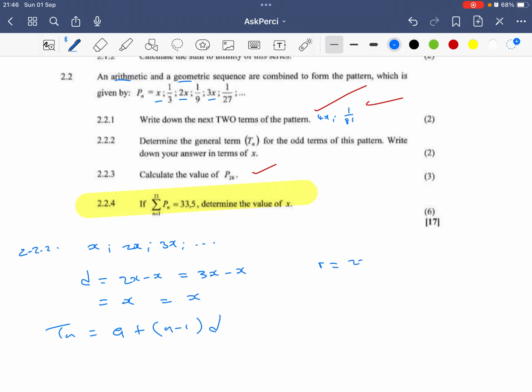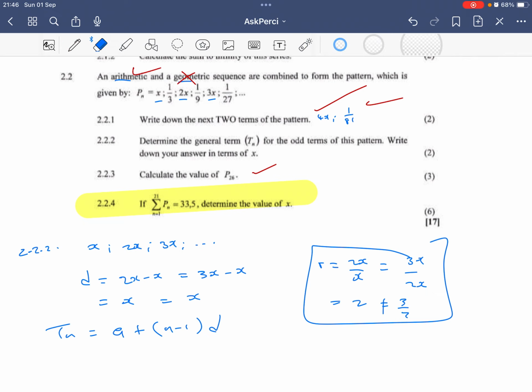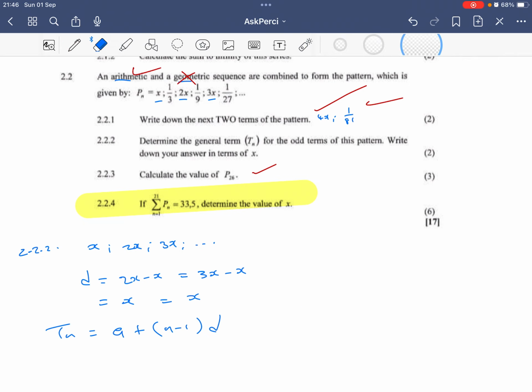In this case, it will be 2x over x should be equal to 3x over 2x. And this is going to be 2, this is going to be 3 over 2, and these two are not equal. Therefore, it's not a geometric sequence. It is an arithmetic sequence. Make sense? So that's how you differentiate the two.